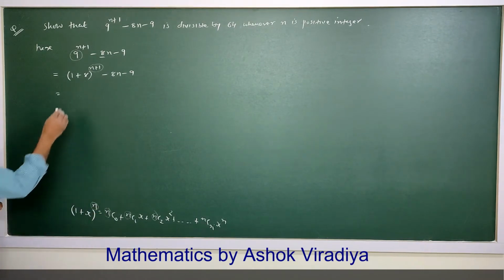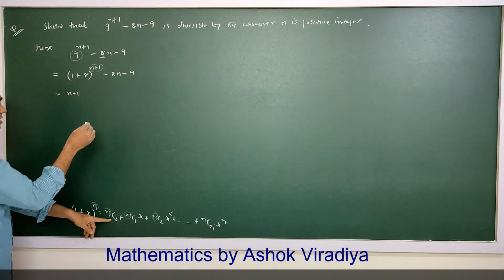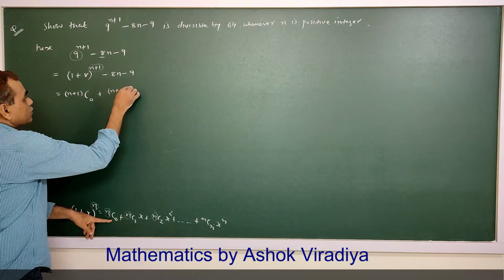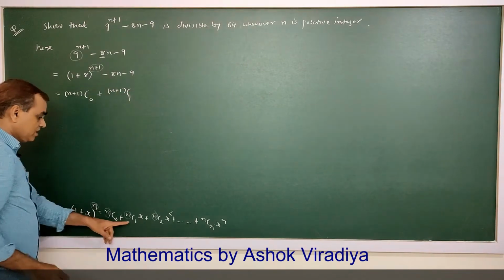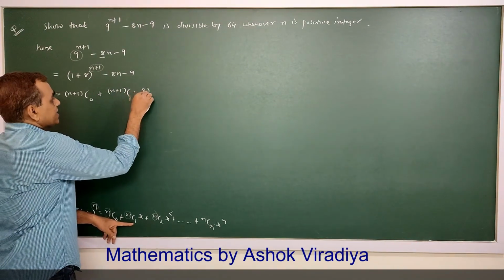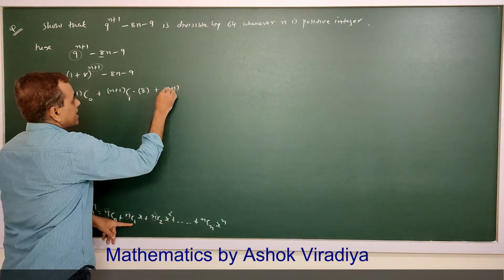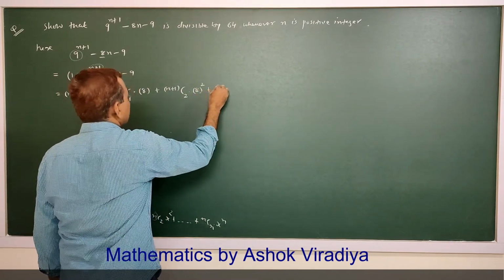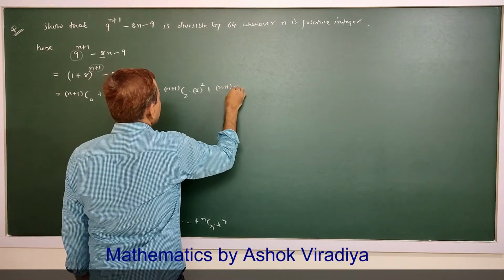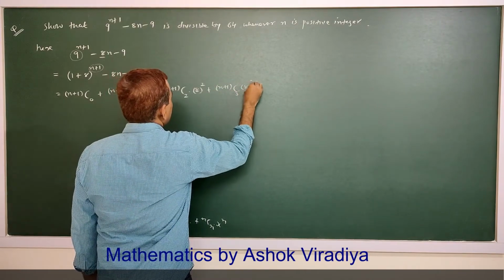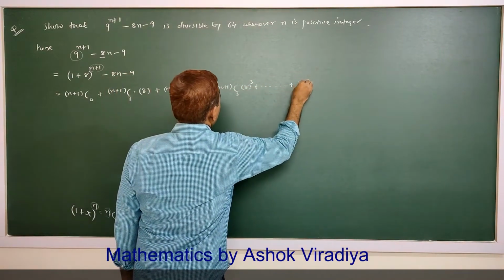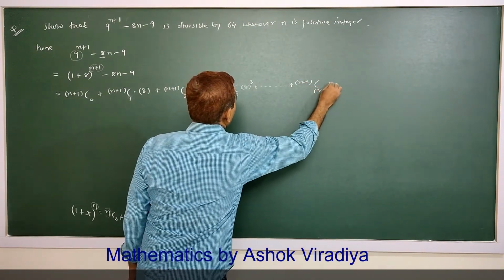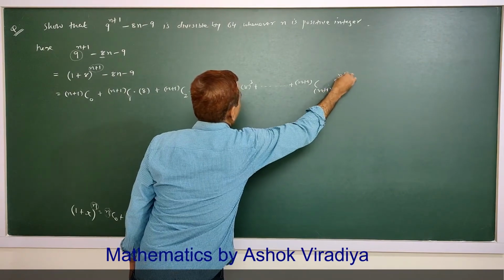So applying this formula: n plus 1 c0 plus n plus 1 c1 into x, x is 8, plus n plus 1 c2 into x square plus n plus 1 c3 into x cube and so on, up to n plus 1 c n plus 1 into 8 raised to n plus 1.